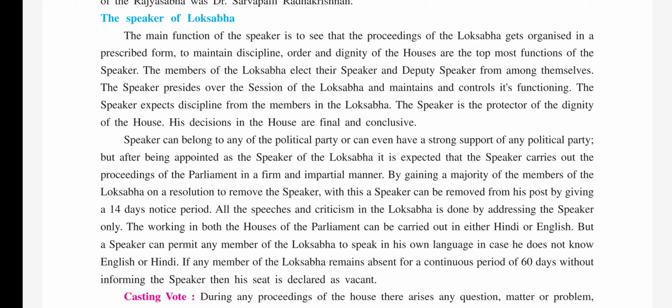The main function of the Speaker is to see that the proceedings of the Lok Sabha are organized in prescribed form, and to maintain discipline, order and dignity of the house. A Speaker can be removed from his post by a resolution passed by a majority of the members of the Lok Sabha, with a 14 days notice period.